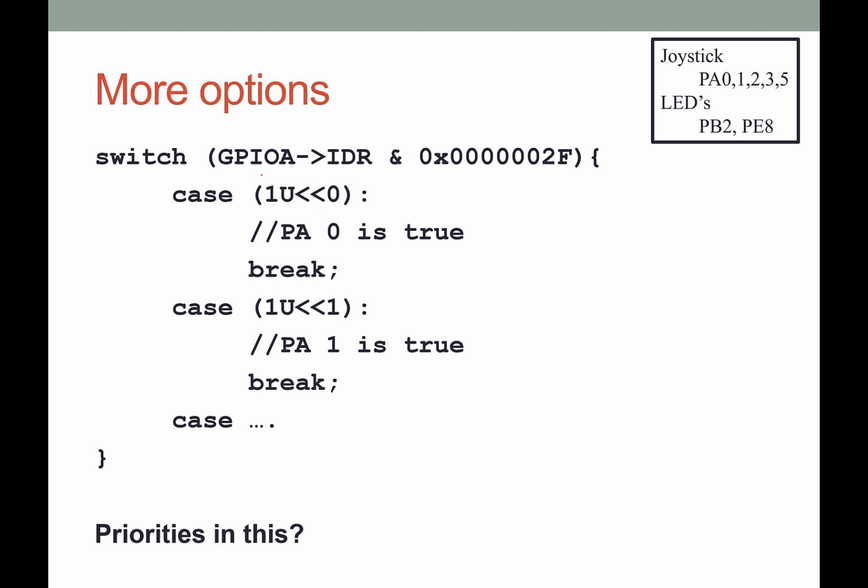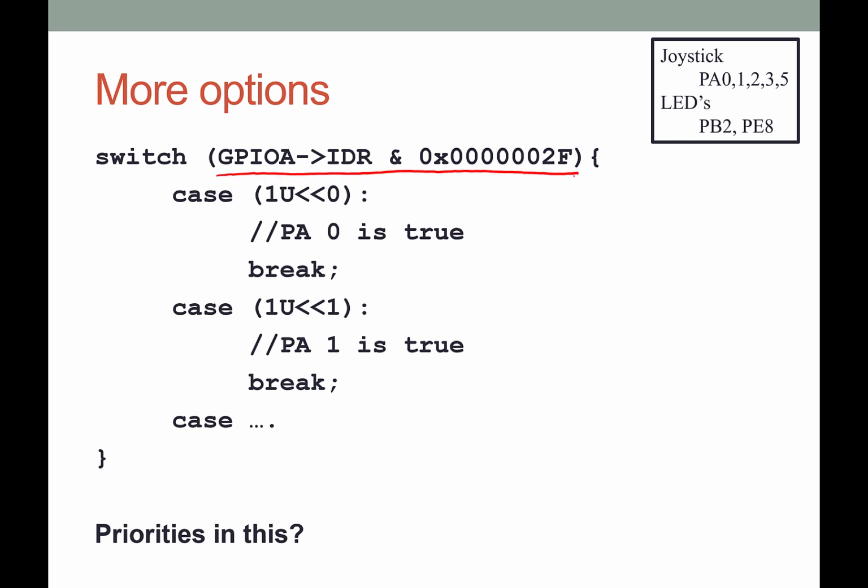Okay, so let's look at one more option to have an if-then-else statement if we want to turn on LEDs or whatever based on joystick ports being pushed. So whether or not up, down, left, or right is being pushed. So let's look at this and see how we could do it also with the switch statement.